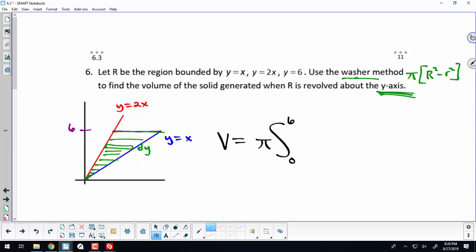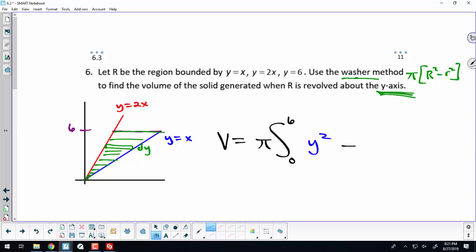The outer radius, and this again is where graphing is important, right? If you have these flipped, then you're going to say the outer radius is y over 2, so you have things reversed. But the outer radius, remember, is always the function that's furthest from the axis of revolution. So that function is y equals x. So here's our outer radius squared.